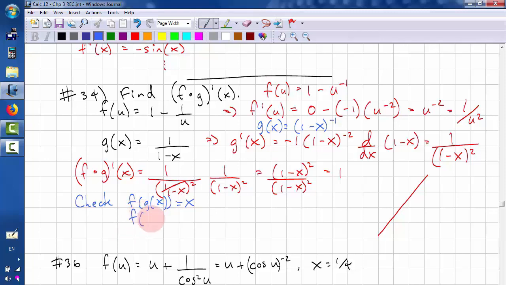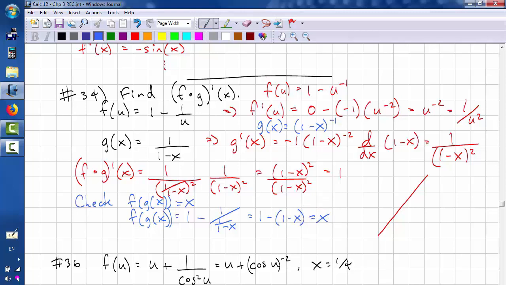So f of g of x equals 1 minus 1 over 1 over 1 minus x. Okay, this is a fraction. You flip it over. So 1 minus x, and that equals x. So it's true.